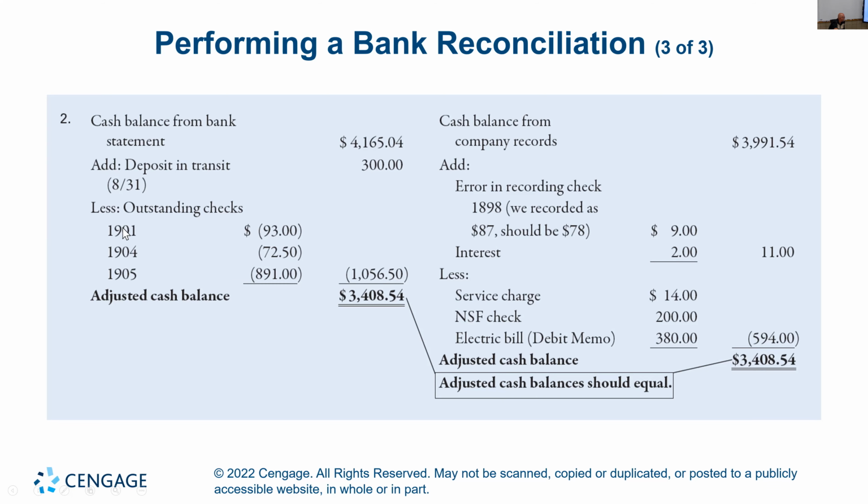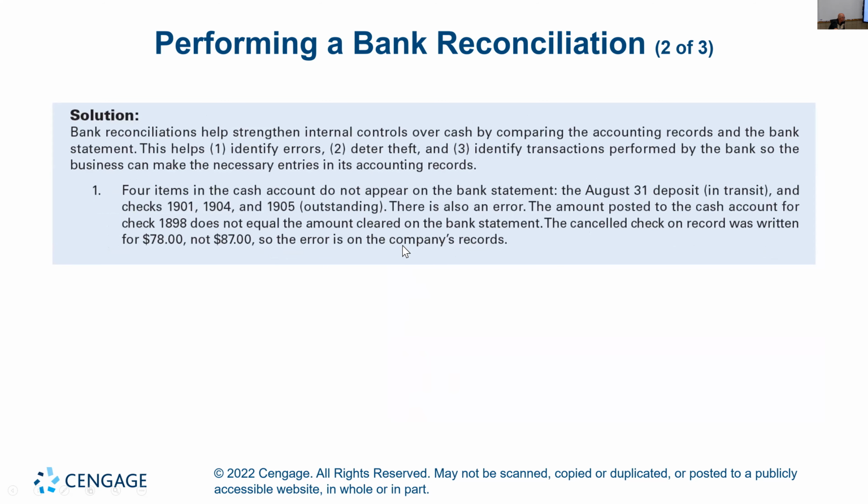But also, when these checks go through, our cash account is going to go down from the bank, so we need to subtract them out. And if we've done this, we get an adjusted balance of $3,408. So that's how you would adjust the bank.